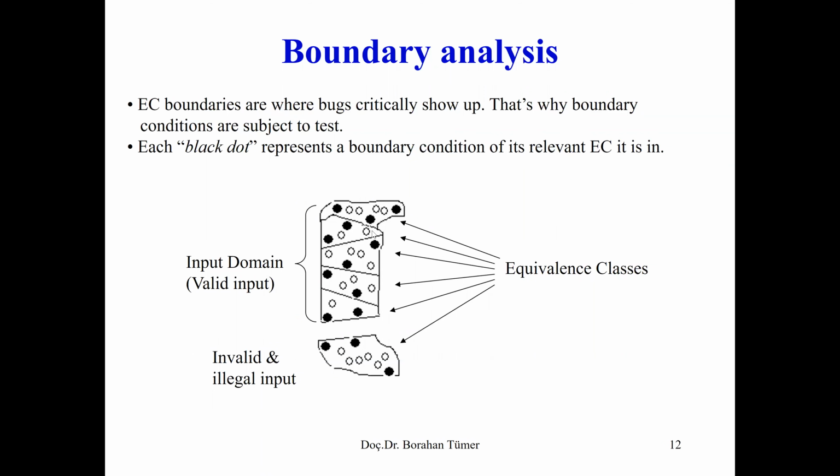Assume, for example, that this one is the representative input, and these are the boundary values for that equivalence class. So that makes 3 representative inputs for this equivalence class: 1 typical representative input, and 2 boundary values. And this is true for each equivalence class in the system domain.